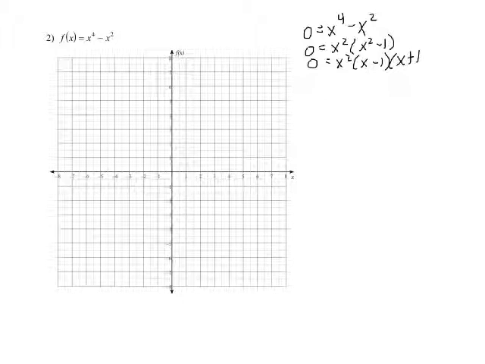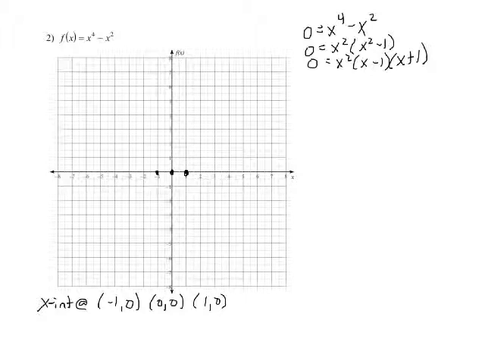So we have x-intercepts, I'm just going to write it down here at the bottom. X-intercepts at (-1, 0), (0, 0), and (1, 0). So let's go ahead and plot those three x-intercepts.